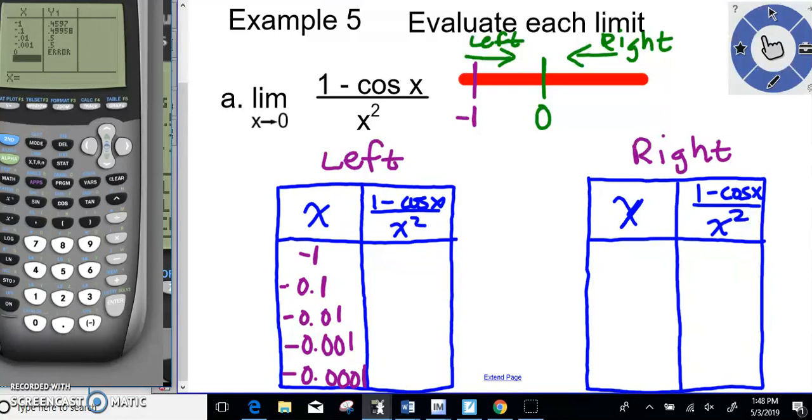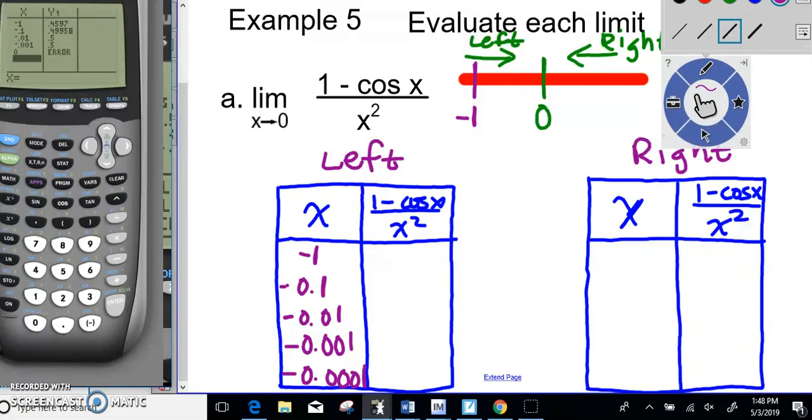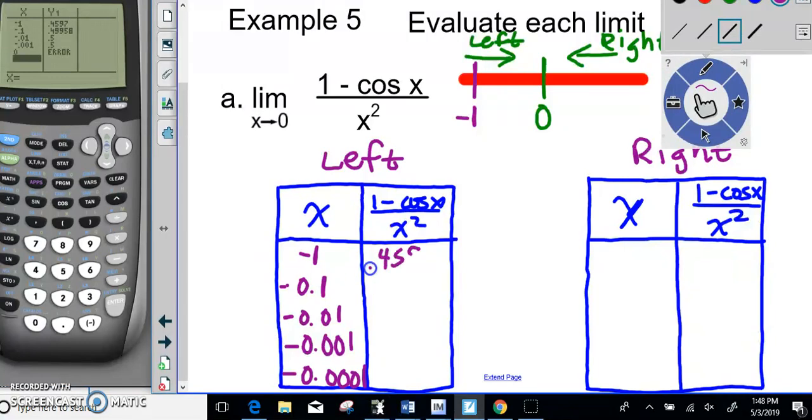But it's okay. So we're going to fill this into the table. For -1, we get 0.4597, then 0.49958. And then we have 0.5, and 0.5, and it should be 0.5 right here also.